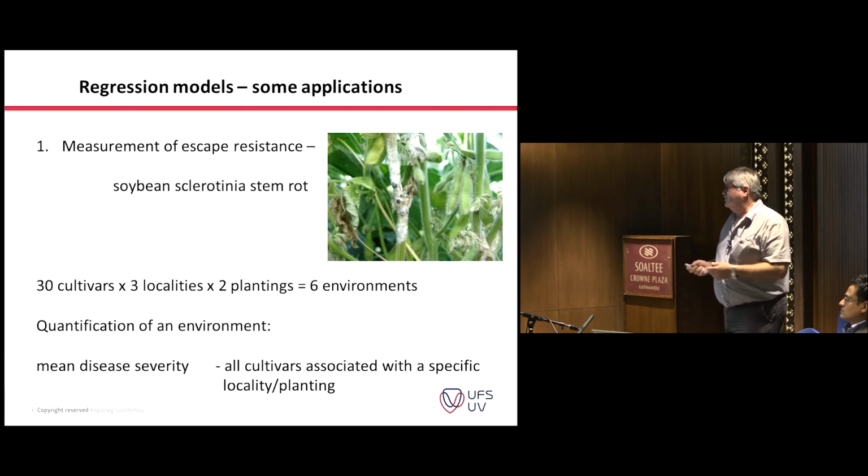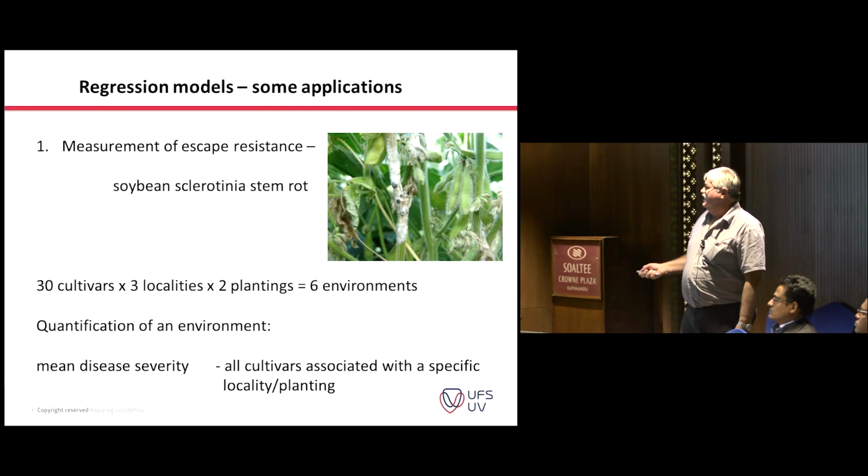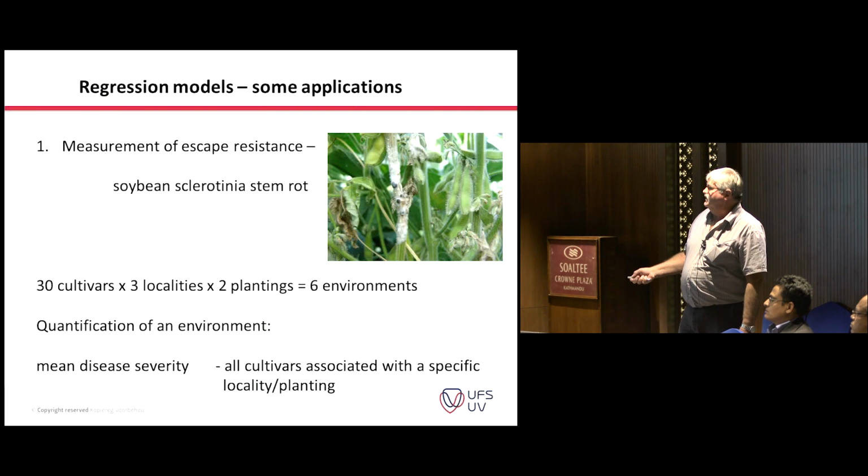Something like regression analysis becomes very useful. I have 30 soybean cultivars, 3 localities, 2 plantings at each locality, early and late. So I've got basically 6 environments. I want to quantify the environment.